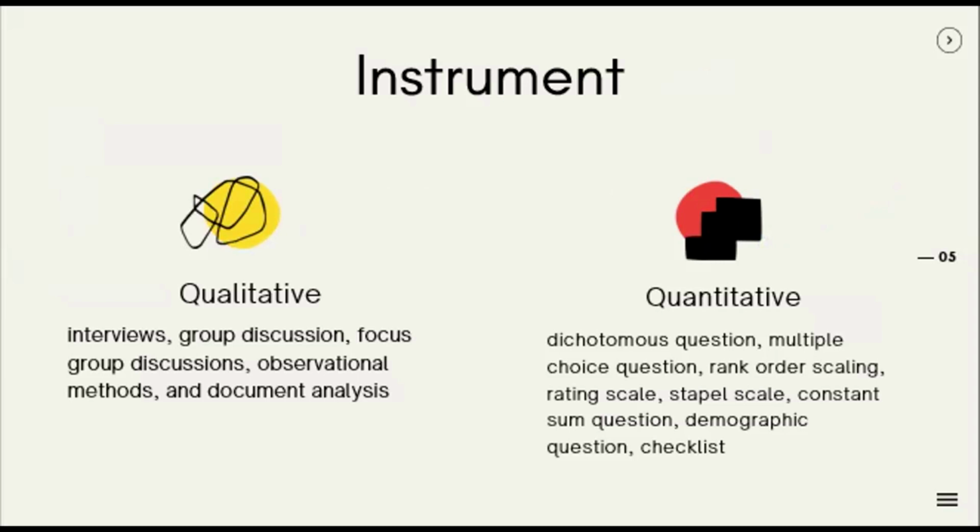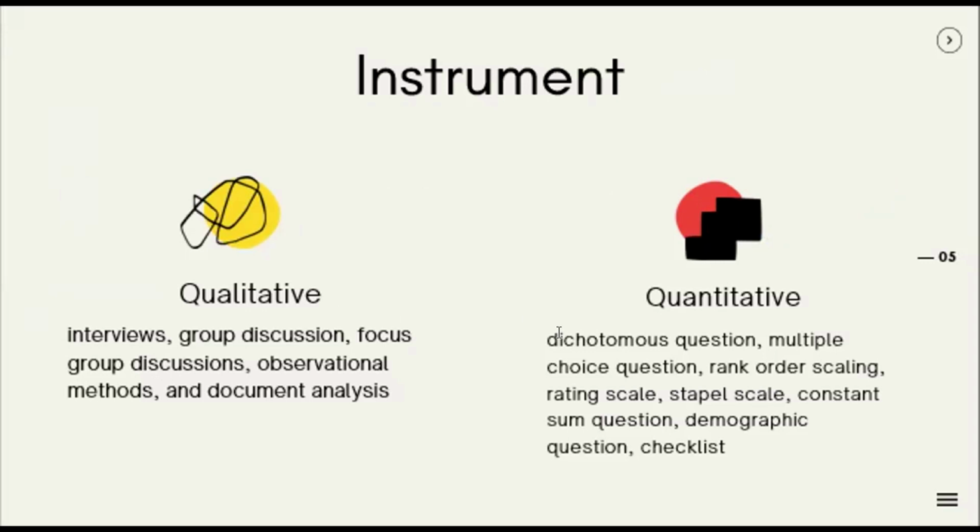First, let's have the qualitative research instruments. We have interviews, group discussions, focus group discussions, observational methods, and document analysis.